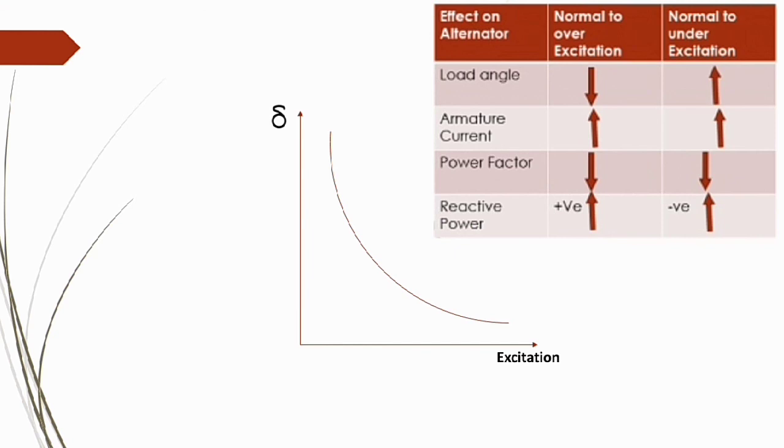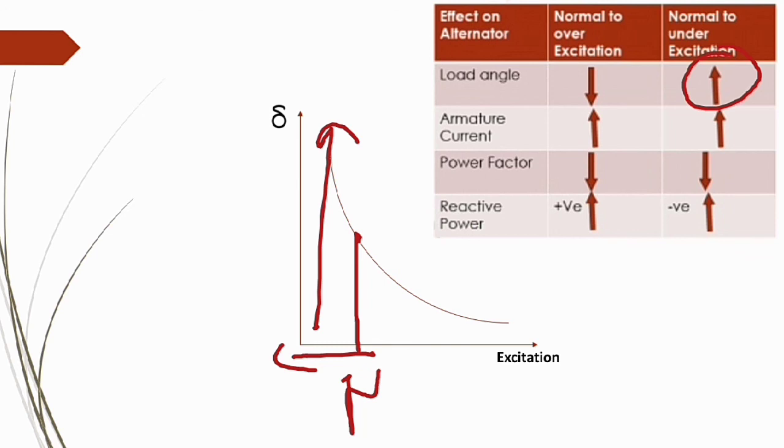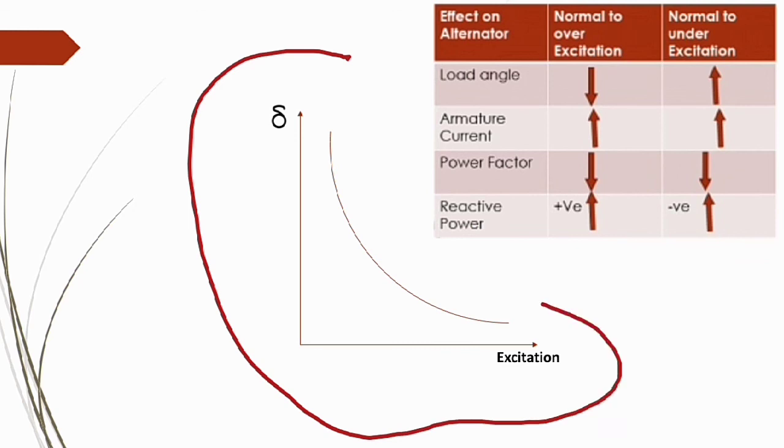When we go from normal to under excitation, the load angle will increase, and in normal to over excitation the load angle will decrease. So in this way you have learned the concept and graph of load angle versus excitation.